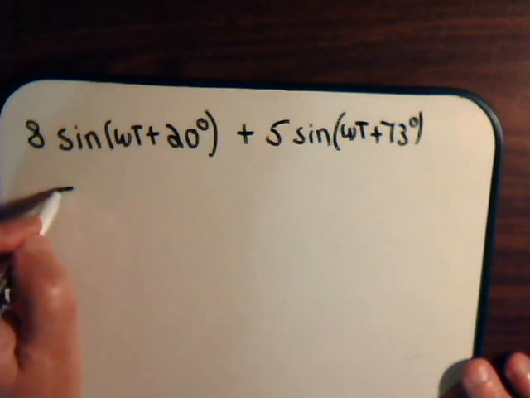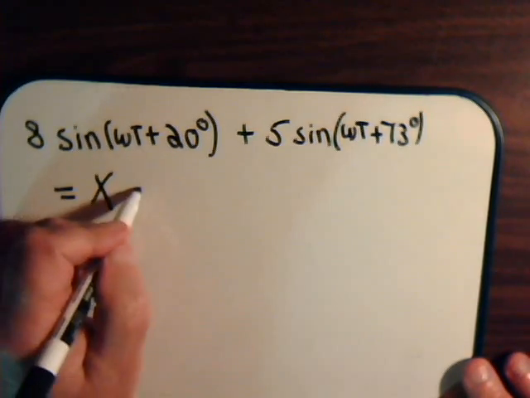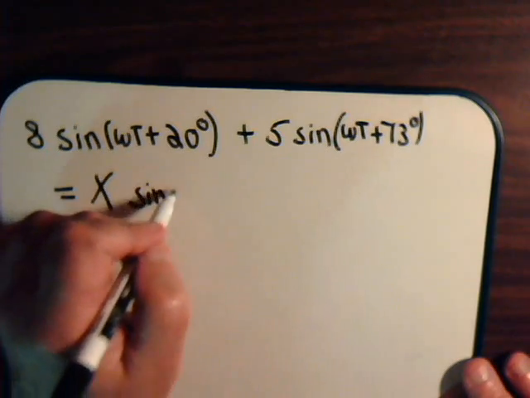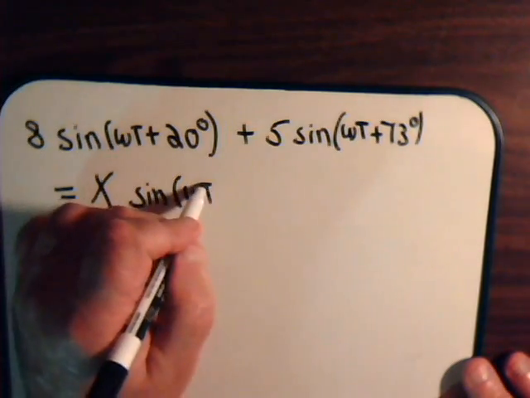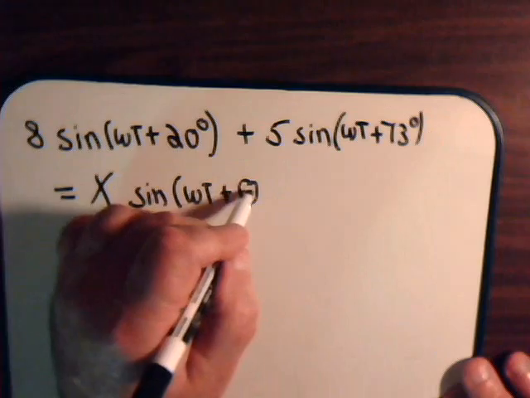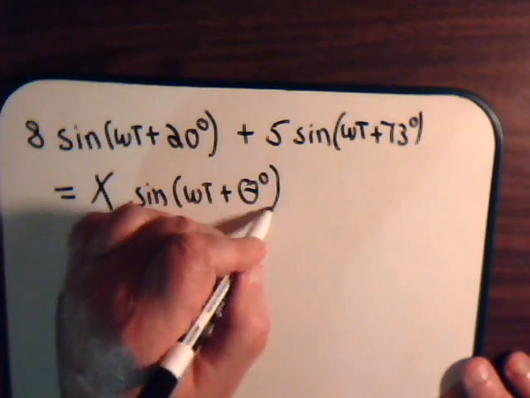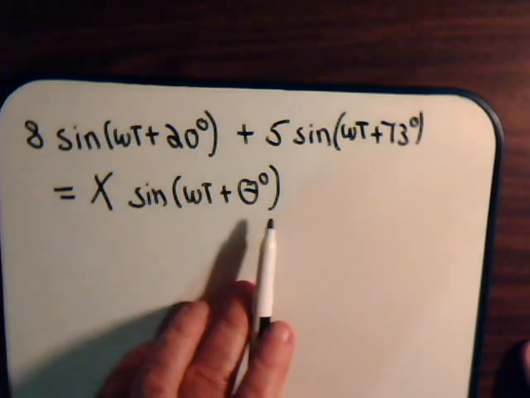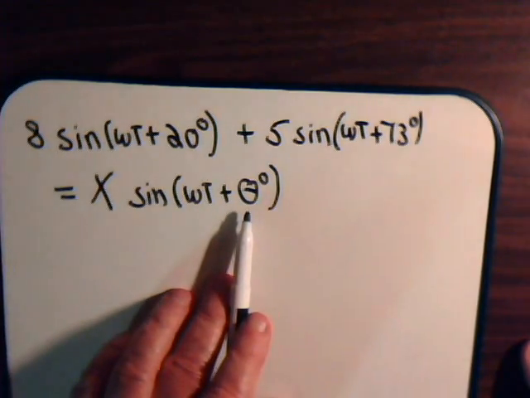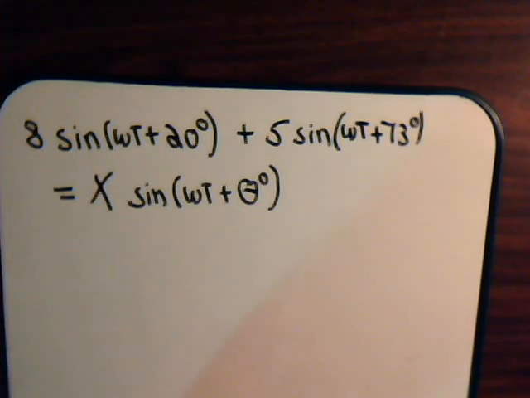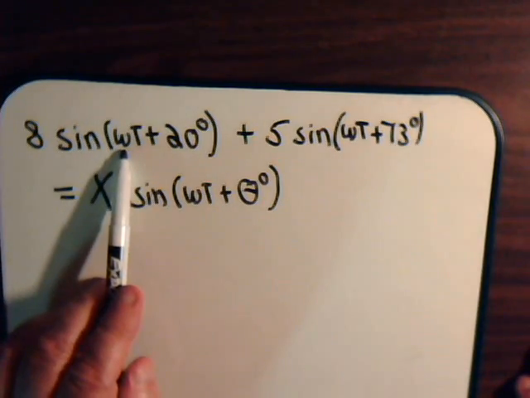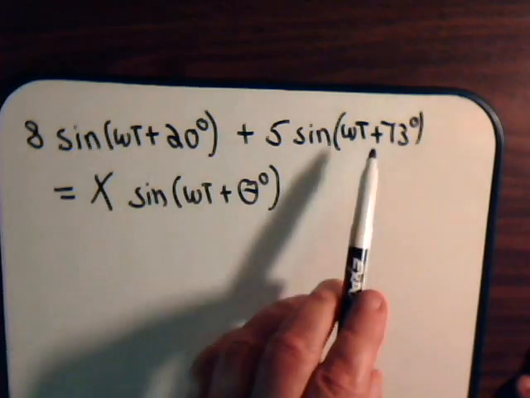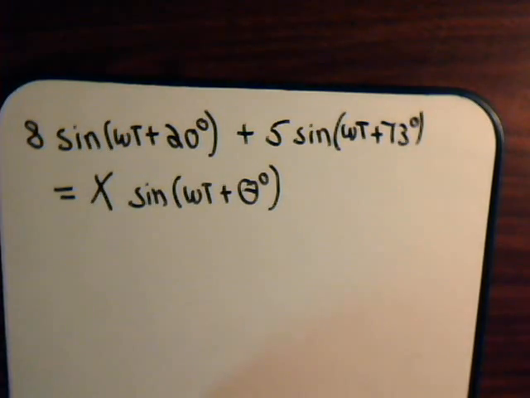This equals something x times the sine of omega t plus a phase angle. And as you saw in the previous two videos, we can determine what this amplitude is and what this angle is using phasor representation, providing that the angular velocity omega is the same for each wave.